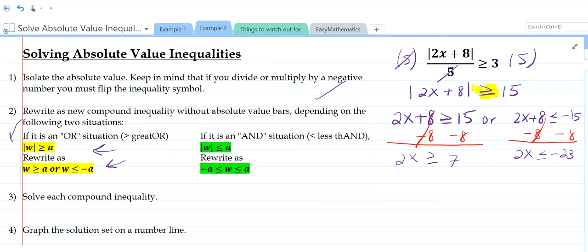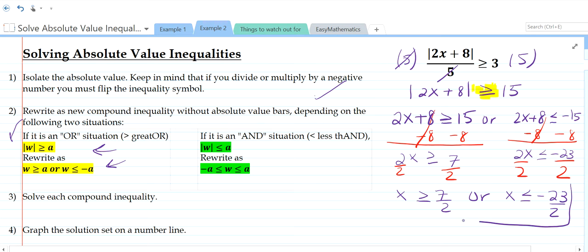We're almost done. We divide by 2. 2 is not a negative number, so we don't have to flip the inequality. So we get x is greater than or equal to 7 over 2, or x is less than or equal to negative 23 over 2. This is what we box, with the or in there. So we're done with step 3.